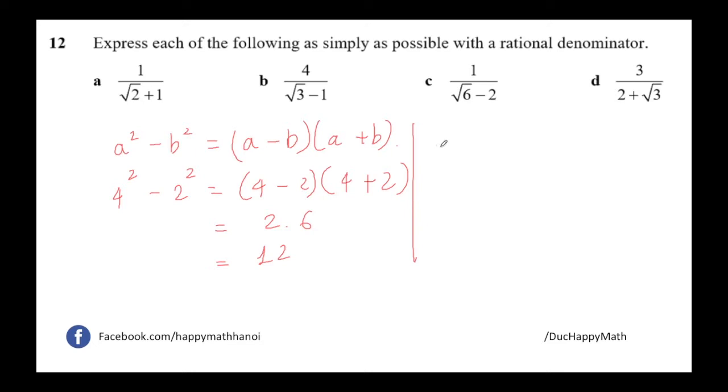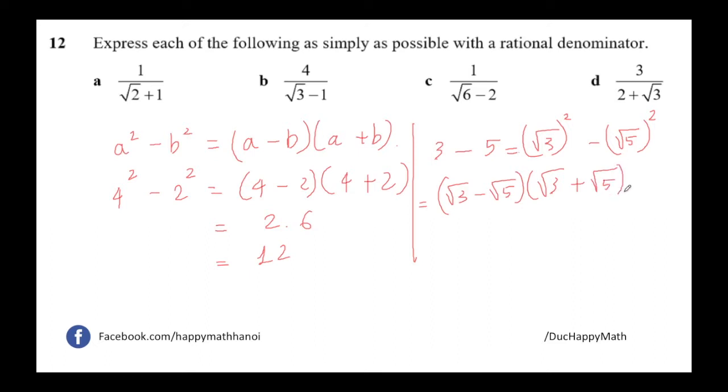Or take the square root of 3 square minus square root of 5 square. So it is square root of 3 minus square root of 5 times square root of 3 plus square root of 5. It is the same way when you apply this identity.